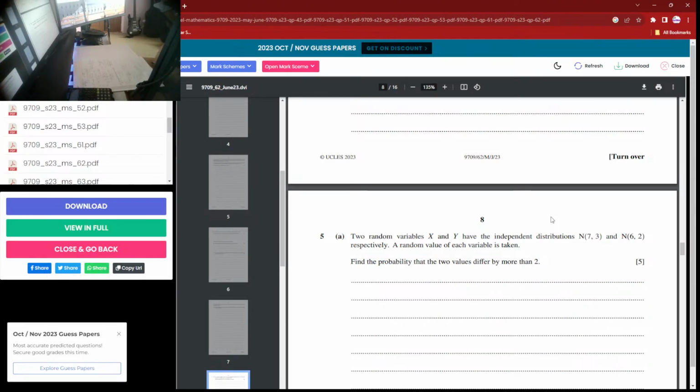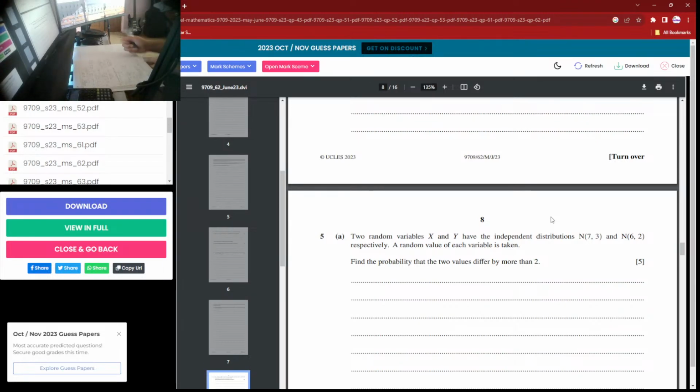The difference is just 2, right? It doesn't matter, they didn't specify which way you have to find the difference, X from Y or Y from X. Okay, just 2. So P(Z is more than (2 minus 1) over root of 5.